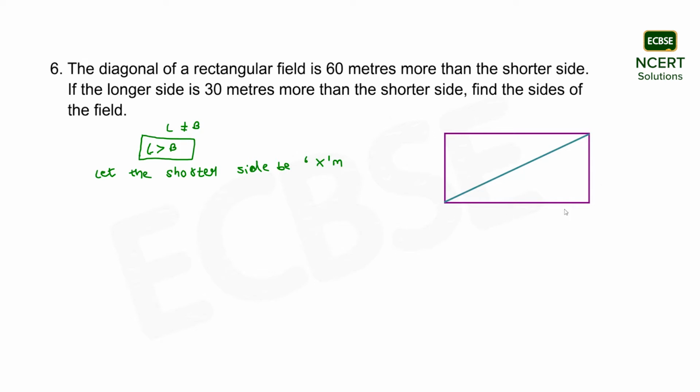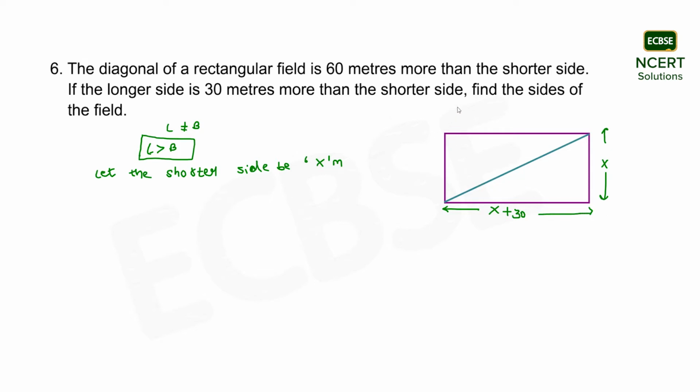This is the breadth, this is the length, and this is the diagonal of the rectangular field. Then what will be the length? According to the statement, the longer side, here the length, is 30 meters more than the shorter side, so it will be x plus 30.